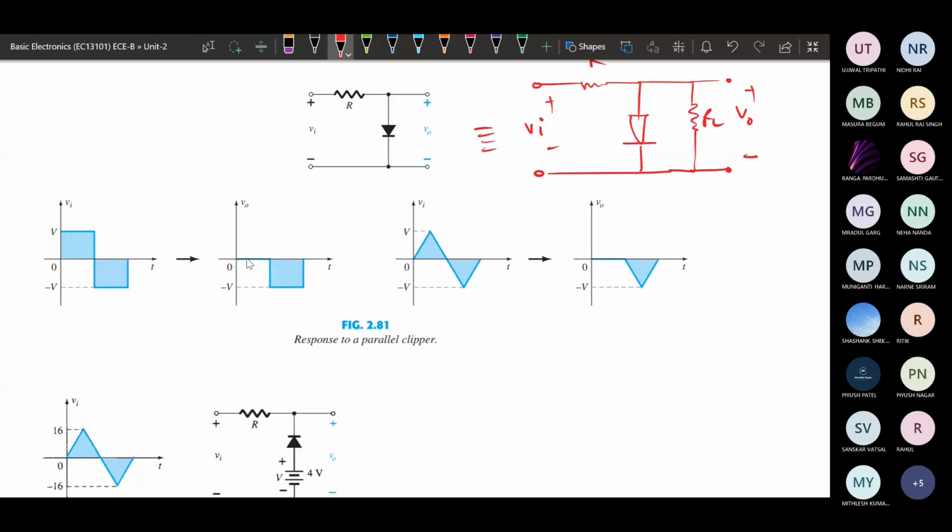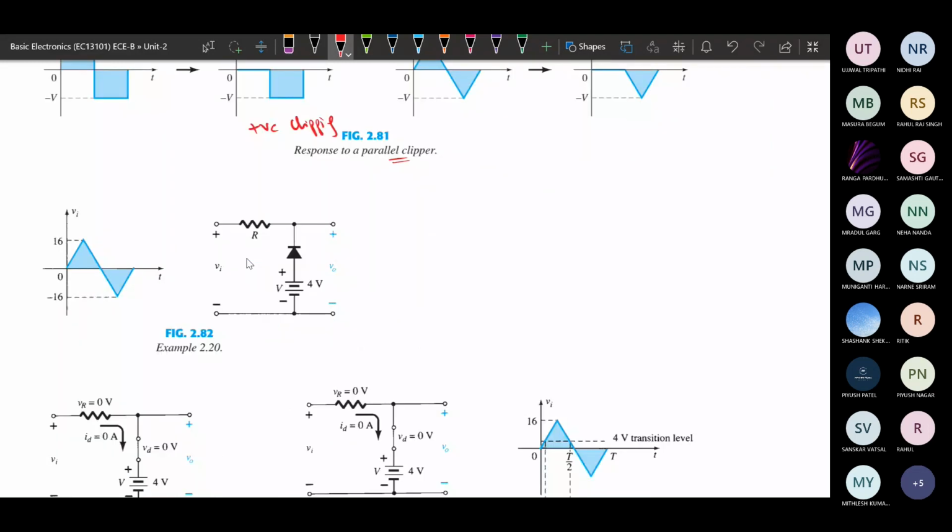In the previous case it was negative clipping, where the negative portion was clipped off. In this case it is positive clipping, where the positive portion is clipped off. So this is the parallel clipper example.